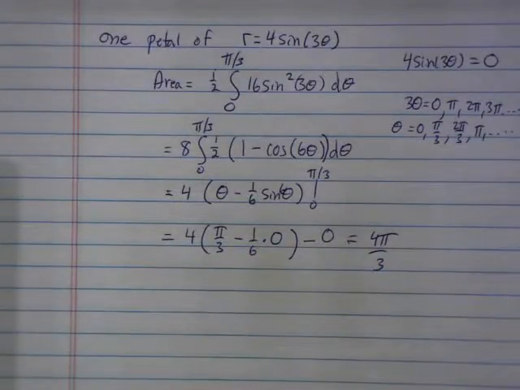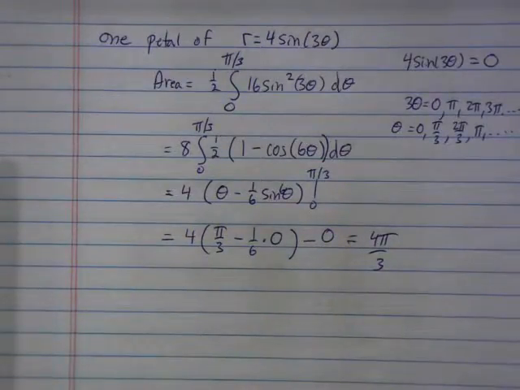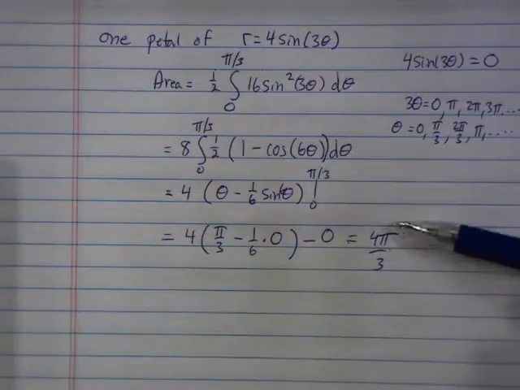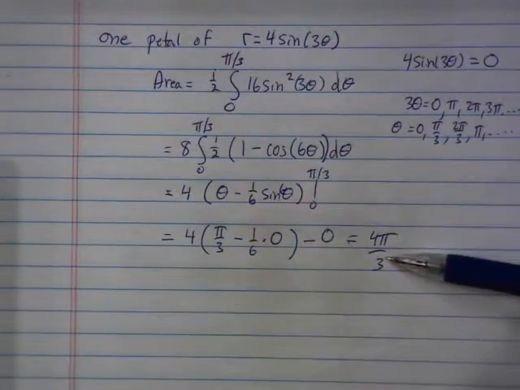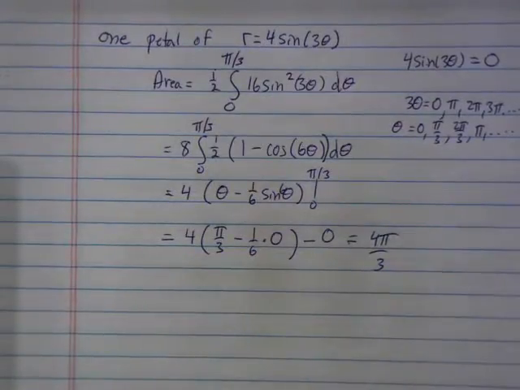The angle measure and the numeric value are exactly the same. That's why things work better in radians than they do in degrees. So it looks like a radian answer, but it's really just a number, 4 pi over 3, whatever that number is. So would the area of the whole thing be 4 pi since it's 3 loops? The area of all 3 loops together would be 4 pi. That's correct. Multiply by 3.